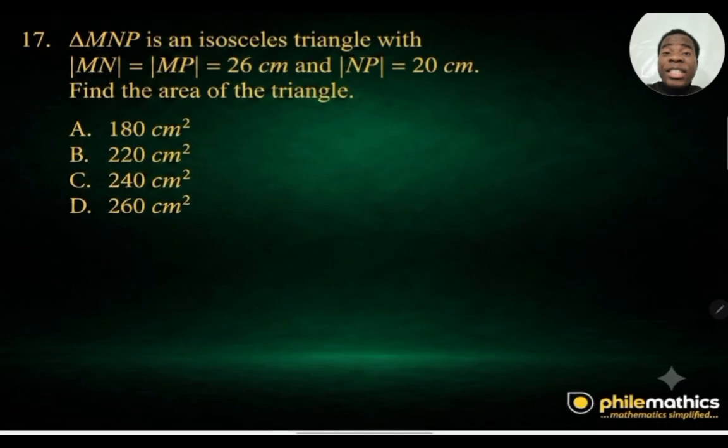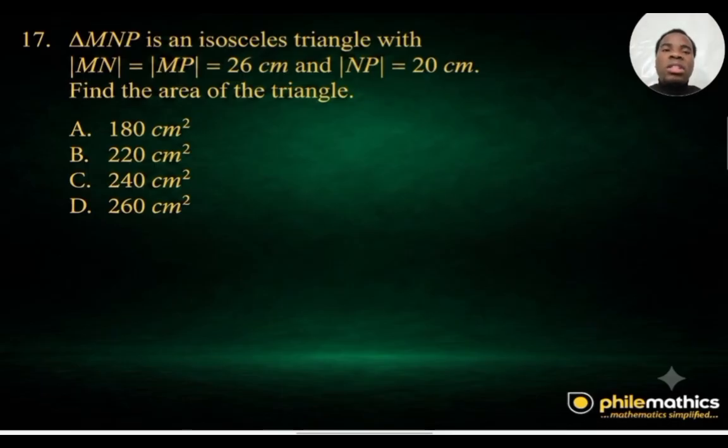B. This question simply asks, can you find the area of a triangle, an isosceles triangle to be precise, if you are given all the sides without any angle? It says triangle MNP is an isosceles triangle with MN equals MP 26 cm and NP 20 cm. Find the area of the triangle.